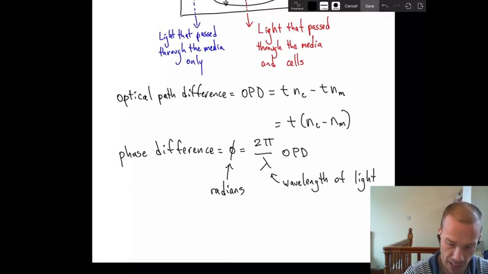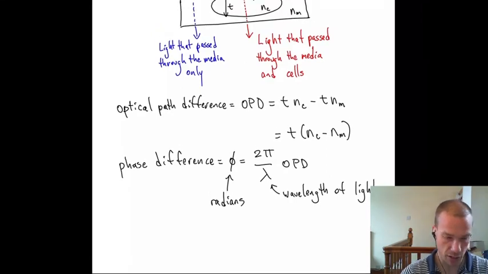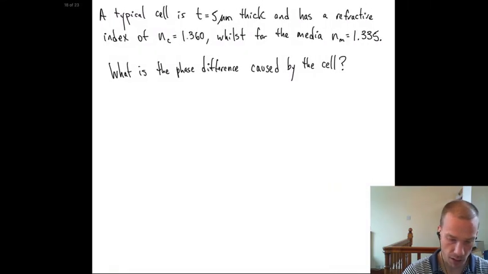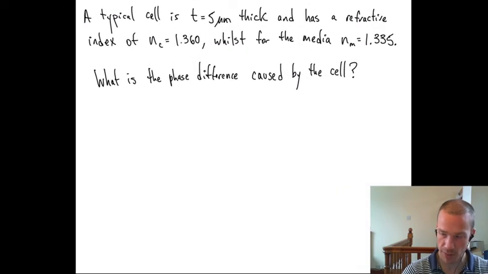So we want to quantify now what is the typical phase difference that's experienced by light as it passes through a cell. So we'll consider this case here. We have a typical cell. We'll consider it 5 microns thick, and it has a refractive index of 1.360, while the media surrounding the cell has an index of refraction of 1.335.